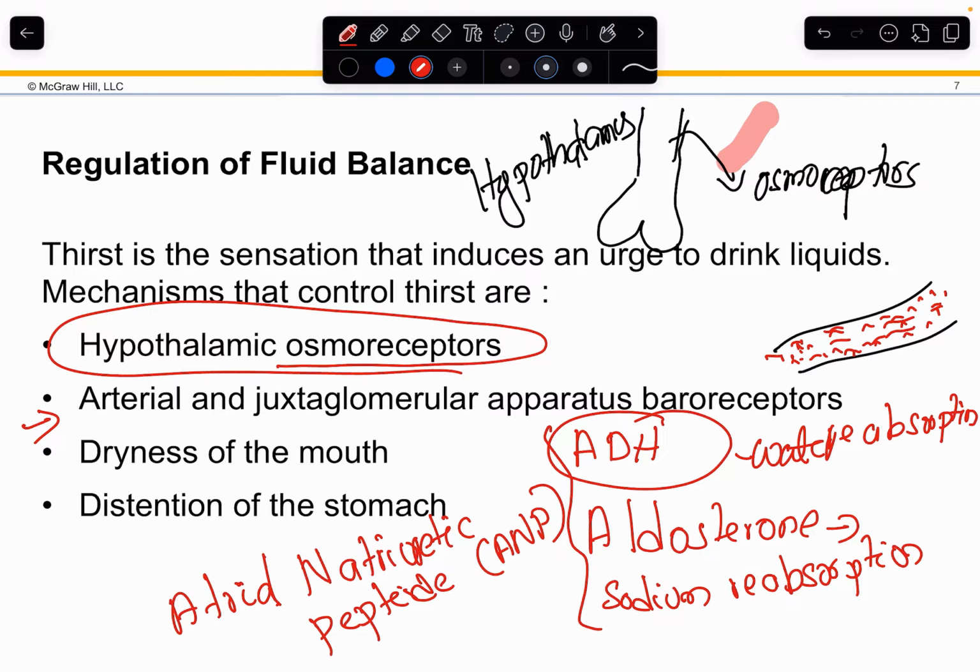These two act when your body, your system, has a lack of water. This one, if you have too much water, will promote water loss when the blood volume is too high. The volume is too high means what? Your water content is high.